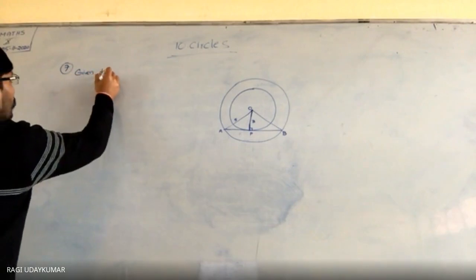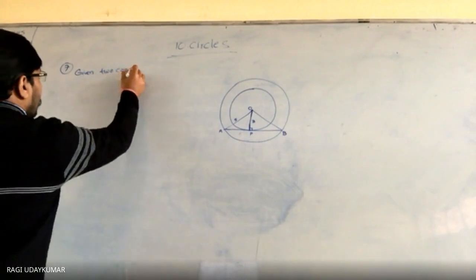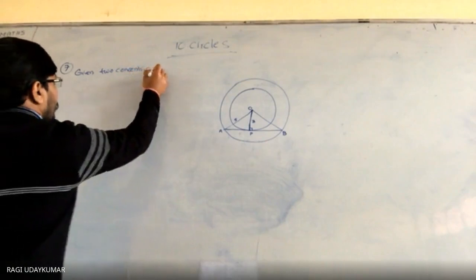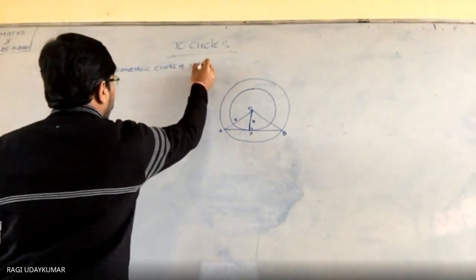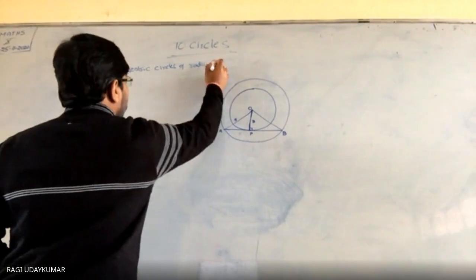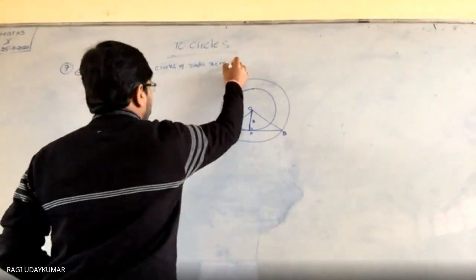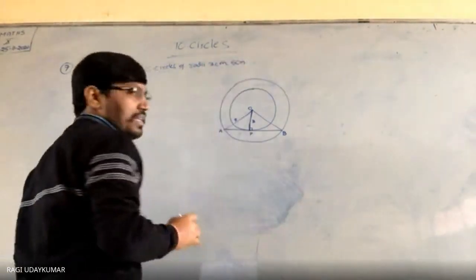Given two concentric circles, the radii are 3 centimeters and 5 centimeters. The smaller circle is 3.